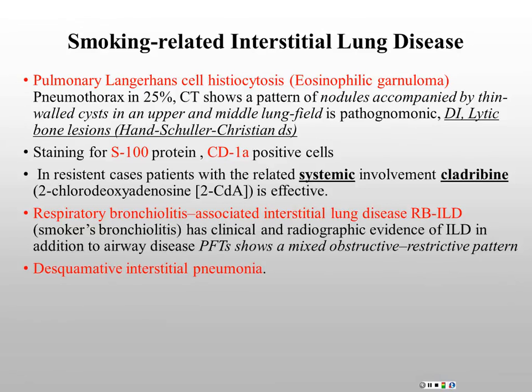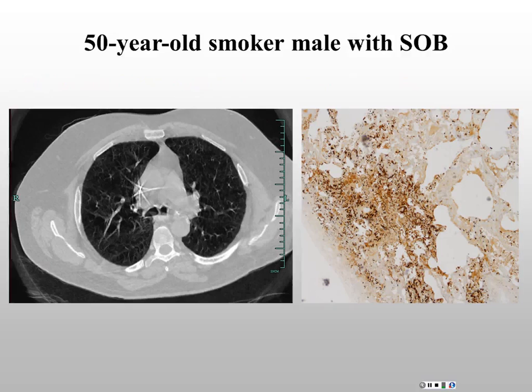If you do a biopsy for any patient with COPD, the pathology report will tell you there is a respiratory bronchiolitis picture. But this will not put them in the category of interstitial lung disease because this is a smoker's lung, unless you have the supporting evidence of imaging and pulmonary function tests.